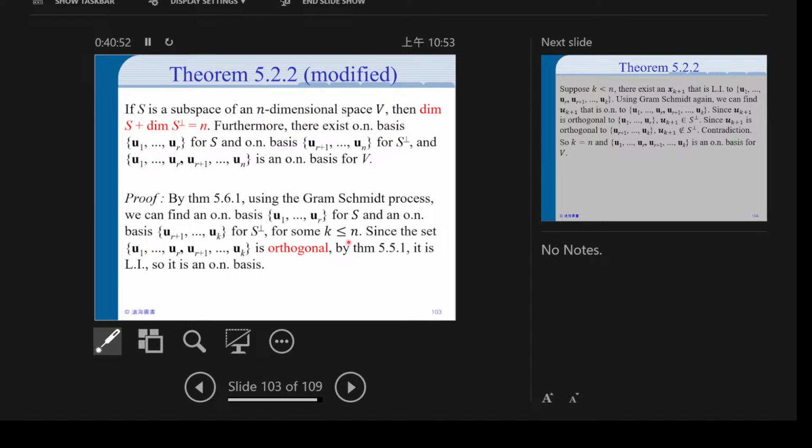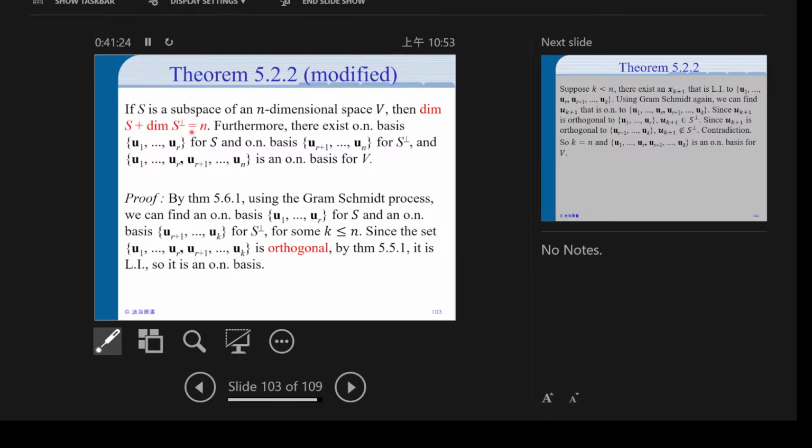So we have a space and its orthogonal complement, and I guess we still need to say, from the previous result, that they have the same dimension. But once we have that, we have something nice to say about S and S perpendicular.